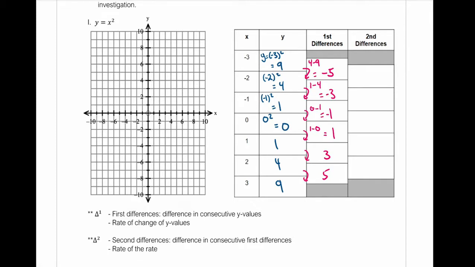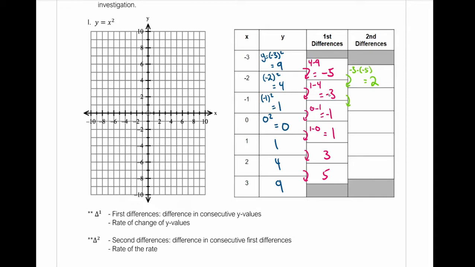Our second differences are pretty much the same thing, except instead of looking at the change in y values, we're looking at the change in the first differences. So we do the exact same thing, -3 minus -5, or bottom minus the top, and this equals 2.